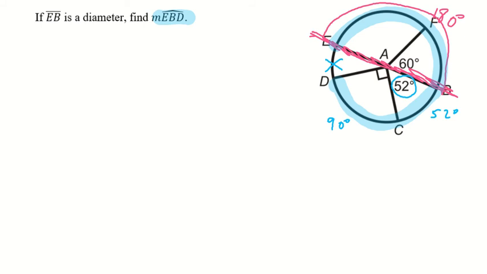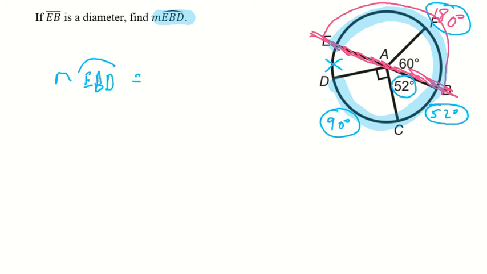All right, so we can add up the pieces that we know. EB is 180 degrees. Then we have the 52. Then we have the 90. So all along the highlighted blue portion of the circle, or the measure of arc EBD, we know.